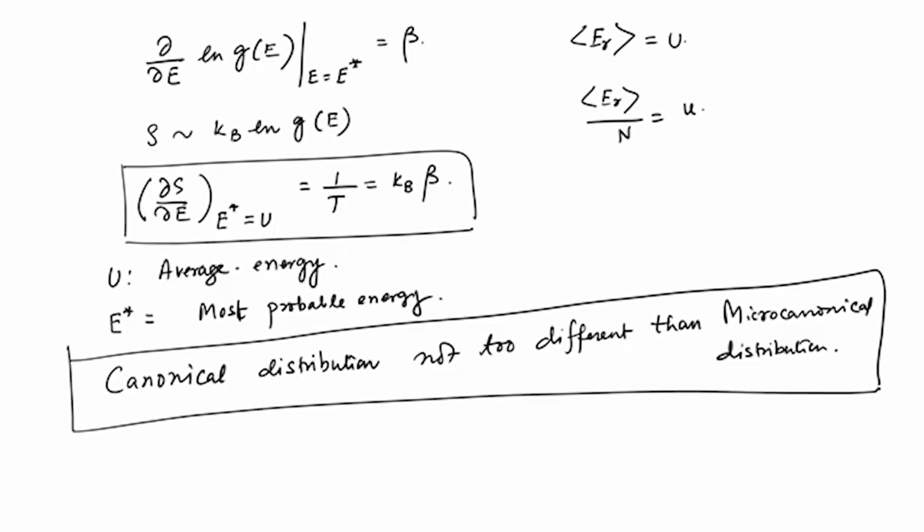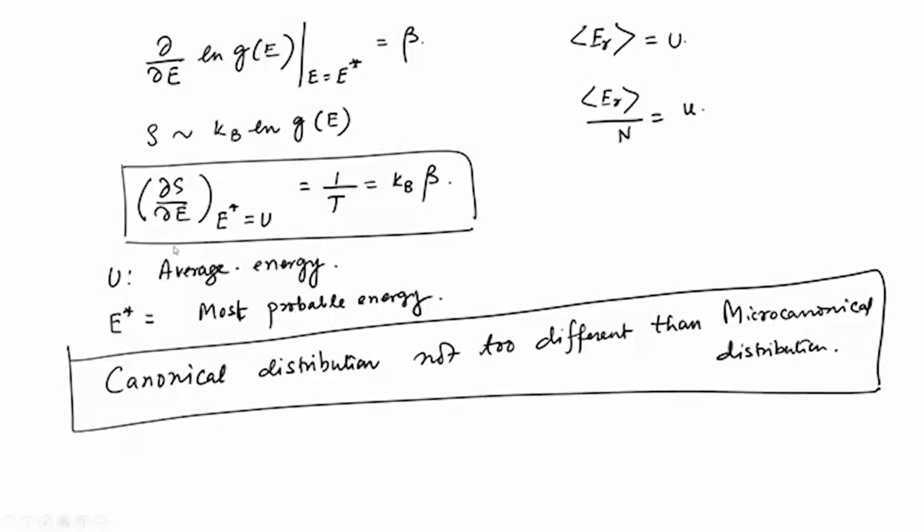So, E equal to E star equal to U is where we get a proper thermodynamic definition of temperature, and hence the distribution must be very sharply peaked, so that we would not make so much of a mistake if we still consider a microcanonical ensemble and say that the energy of the system is really confined in a thin shell, which is what we have done earlier.